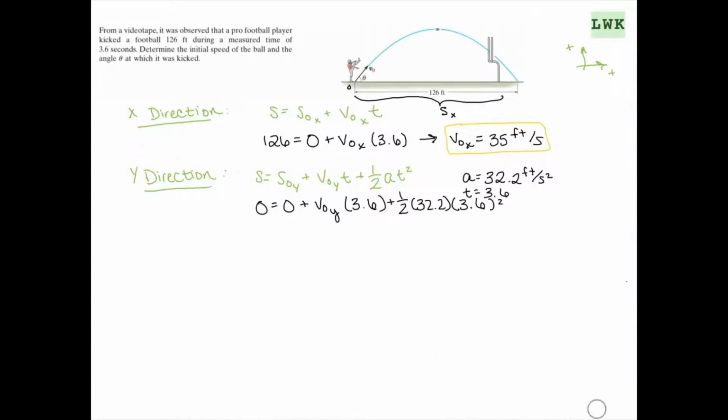So let's clean this up a little bit. So now we can solve for the velocity in the y direction, and that's going to give us 57.9 feet per second.